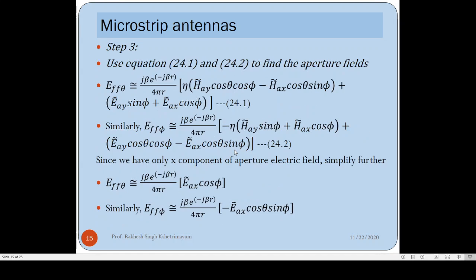Once we have that, we can find out the far field radiation pattern using equations 24.1 and 24.2. This is the expression for equations 24.1 and 24.2. But in this case, we only have the x component of the electric field, so only this term will be non-zero. All other terms will be 0. So the electric field in the far field of this microstrip antenna will have theta and phi components like this.